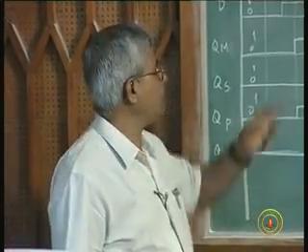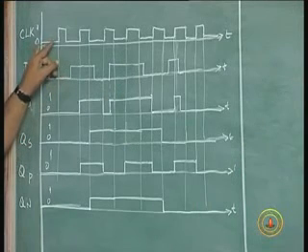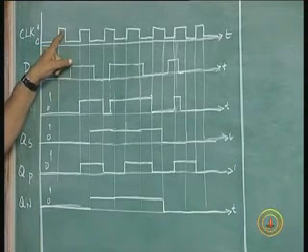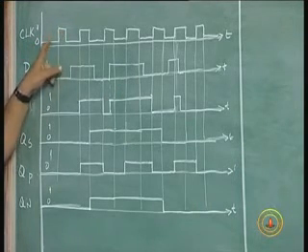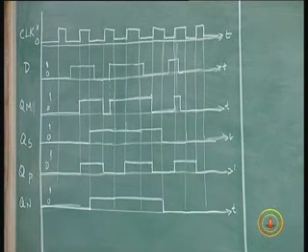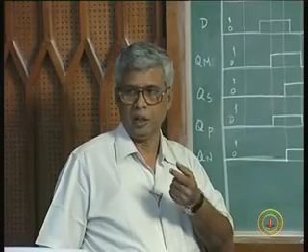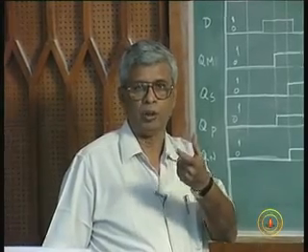Likewise, the level 0 and level 1 of the clocks need not be equal. Again if you want to you can make them equal. You might have heard of this term duty cycle. A duty cycle is the time for which the clock is on compared to the total period.